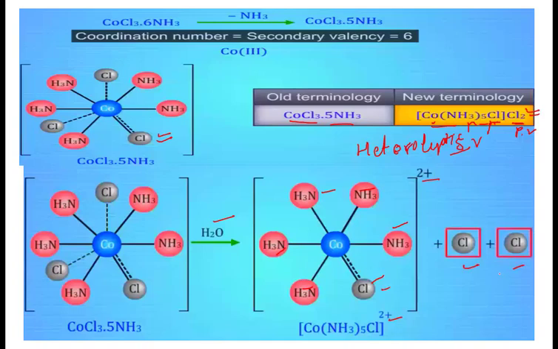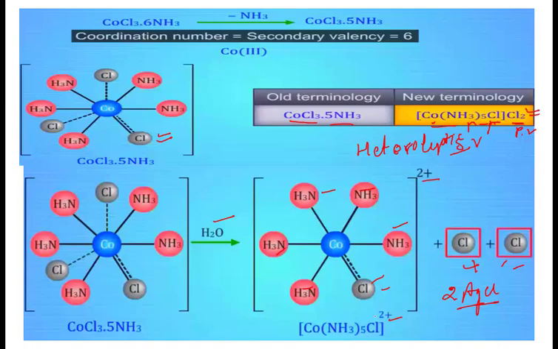And the 2 chloride ions are released. So now on treatment with AgNO3, just these 2 chlorides will result in the formation of AgCl. So 2 moles of AgCl are formed, whereas in the previous case the number was 3, and hence the yield of the precipitate was more in that case, and here the yield is less.